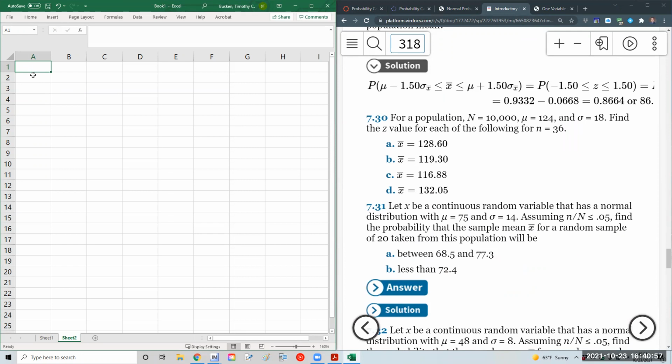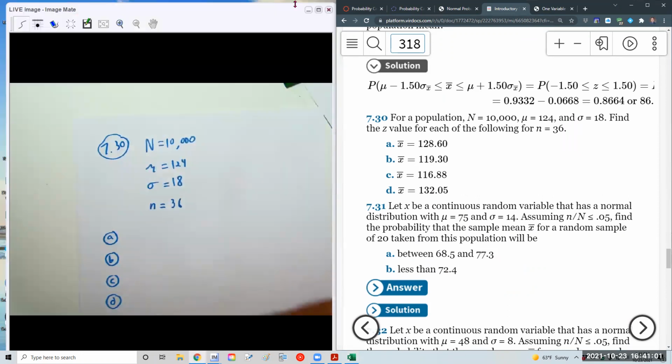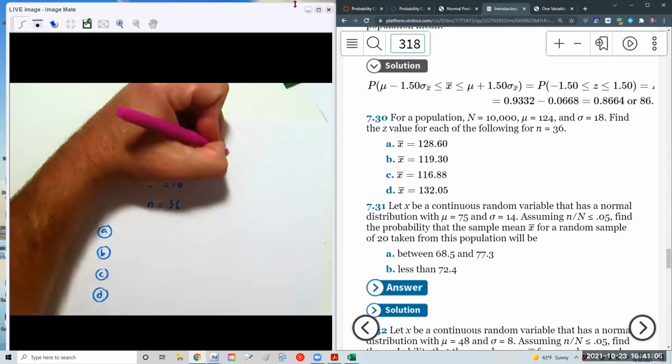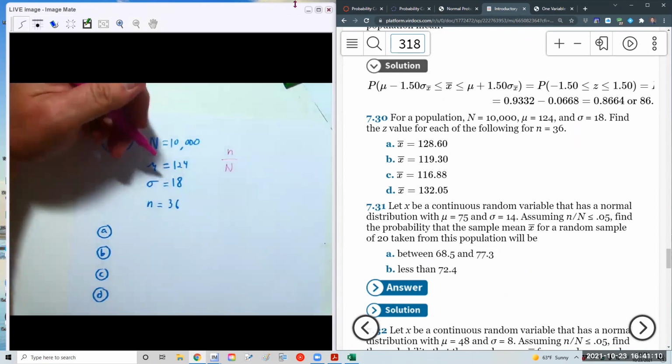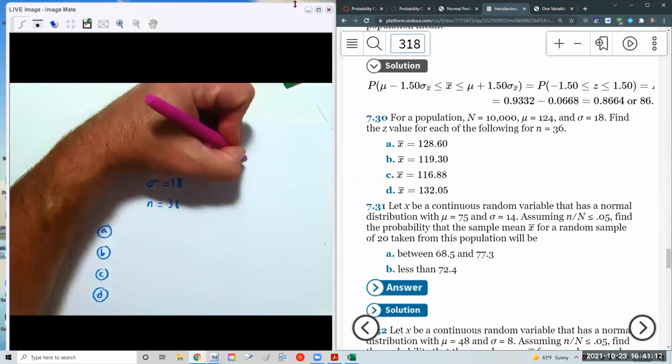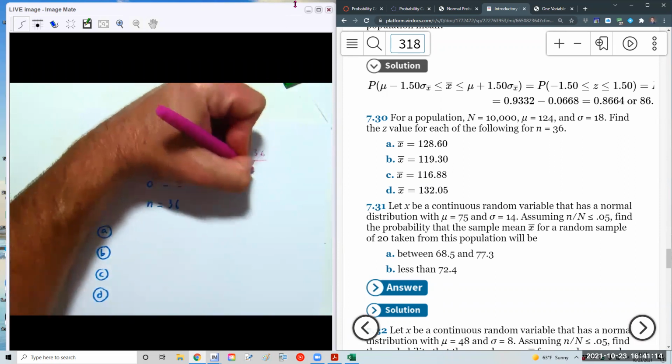First thing is we need to check and see which formula we need to use for the standard deviation. So I'm going to calculate a value for n over big N. And it looks to me like it's going to be super small, less than 5%. So it's 36 over 10,000.